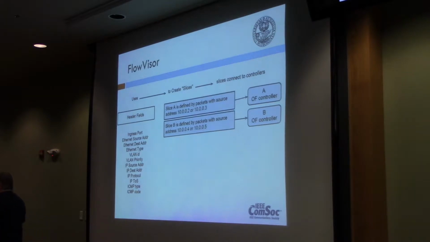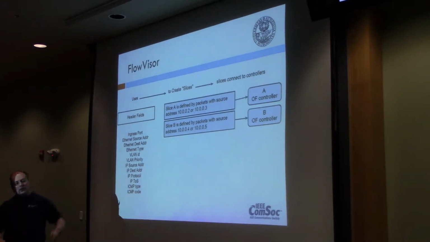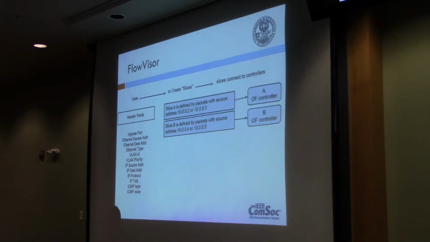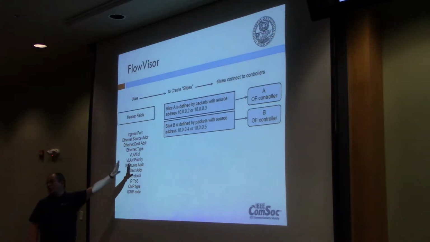When a customer, let's say, of your infrastructure comes, you say, okay, I give you the addresses with 10.0.0.x. Those are in your slice. The other is in another slice. Here they just put 2 addresses in each of the slices, for example. The thing is that it must be a combination of the parameters that can be acquired by the OpenFlow switch.